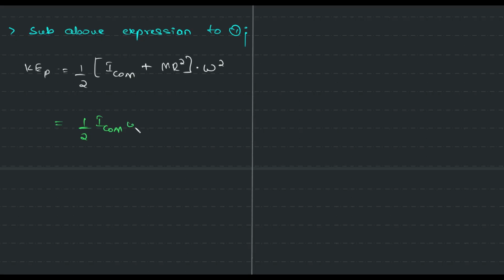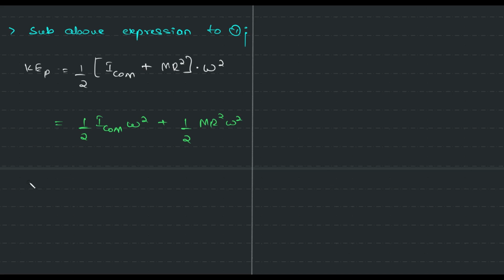Remember, we started the discussion with m r square omega square: that we can view any kind of rolling motion as a combination of translation and rotation. Is it not?